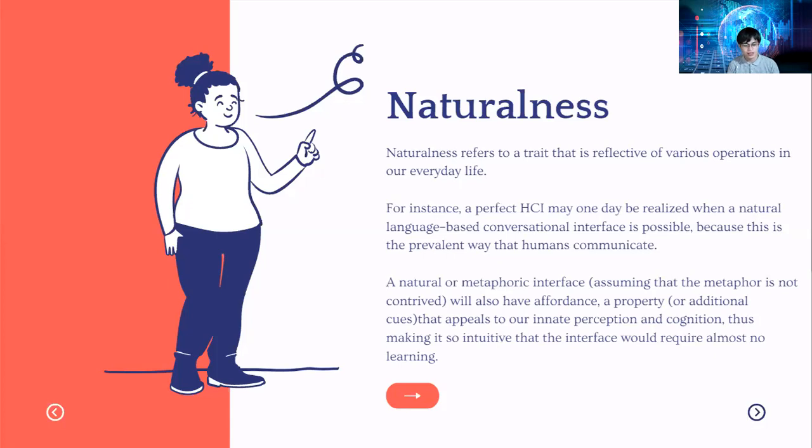So, for you to easily understand what naturalness is, your application must be user-friendly. You know? It must be as simple as possible, quick and easy to navigate. So it would require almost no learning, so the user will no longer need a lot of training in order to use this system.